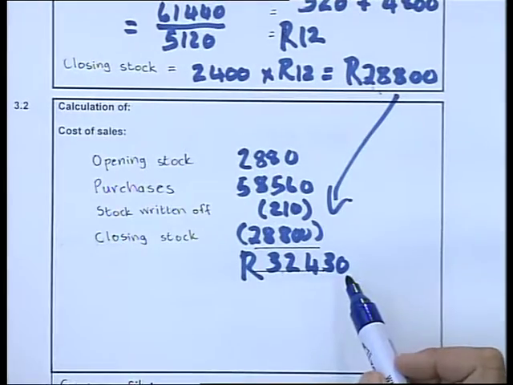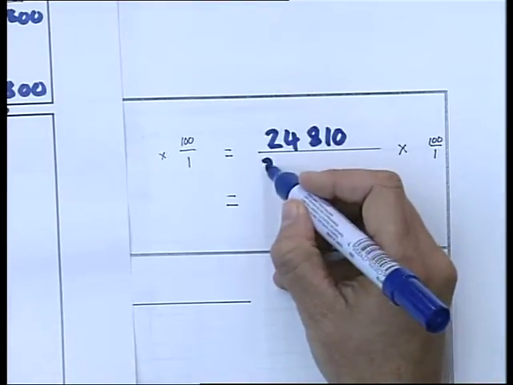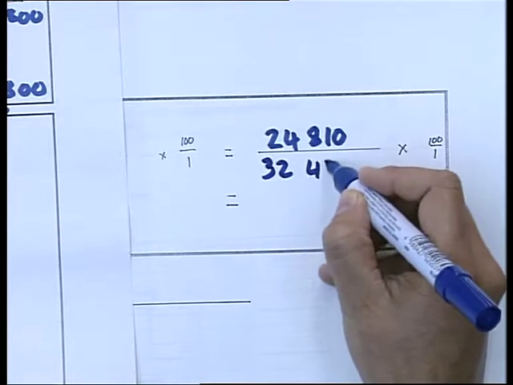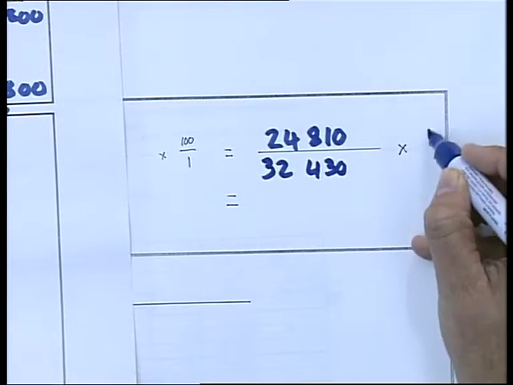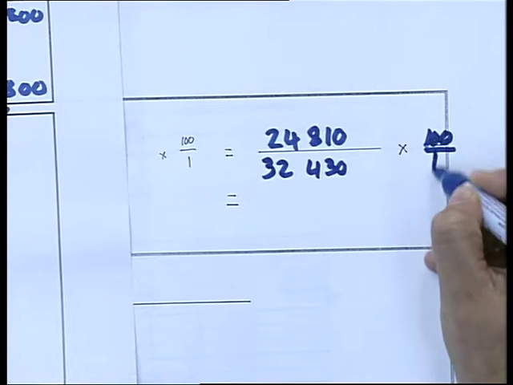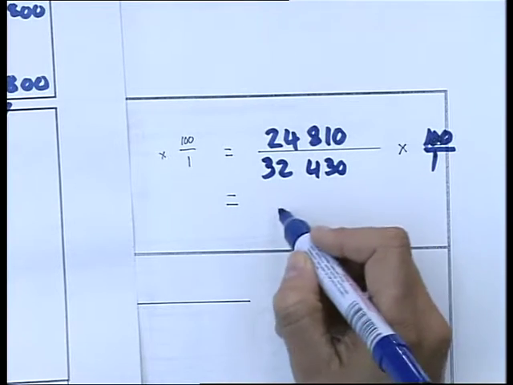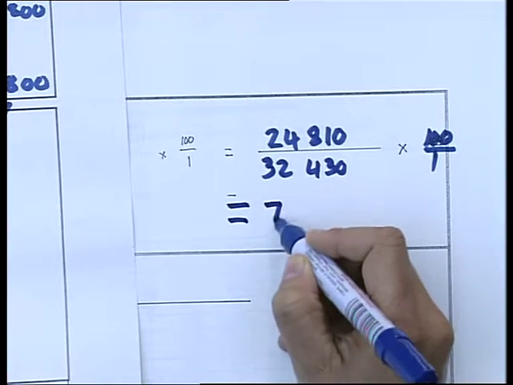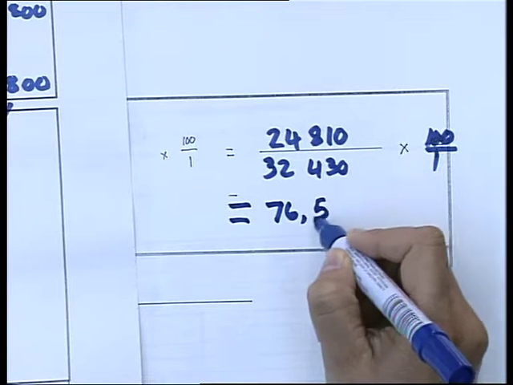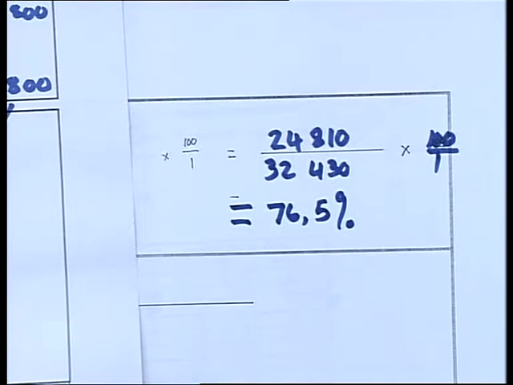So we say 24810 divided by 32430 times 100 over 1. Okay, so if you do that calculation, you should get 76.5%. That's the markup percentage.